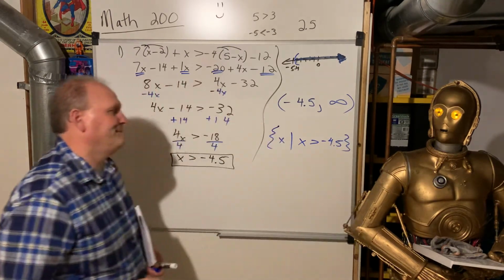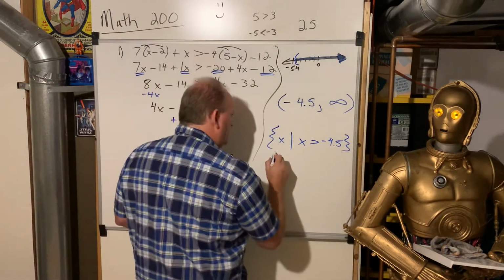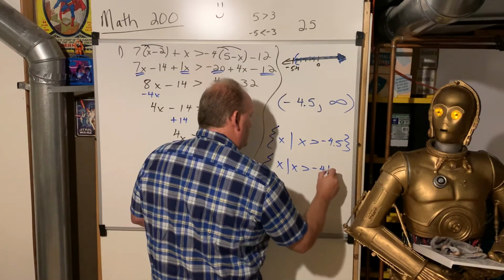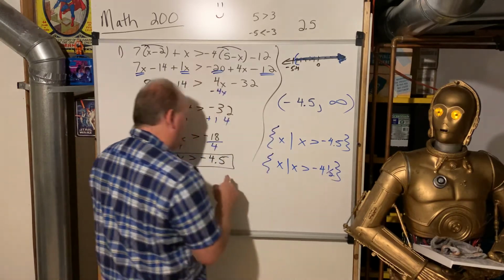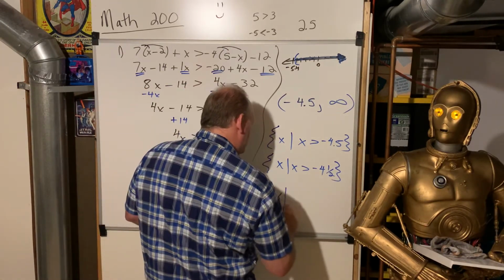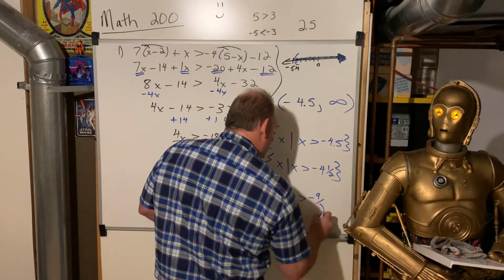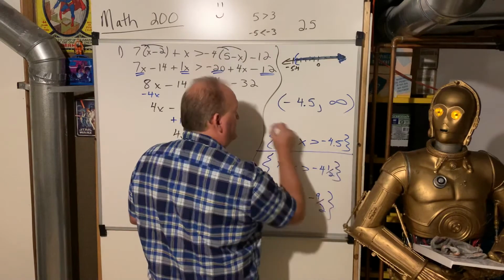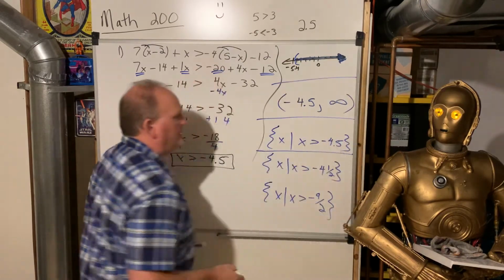All right? If you wanted to, you could have written it as a fraction, or even if you reduce it, divide by 2, 9 halves. Those would also be acceptable. But for me, those are good.